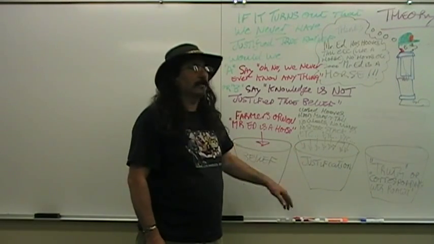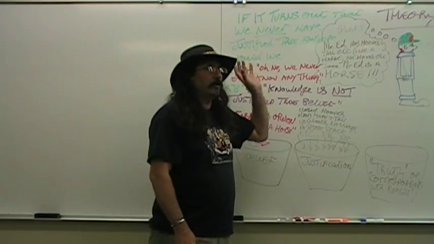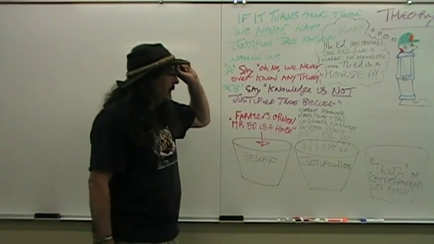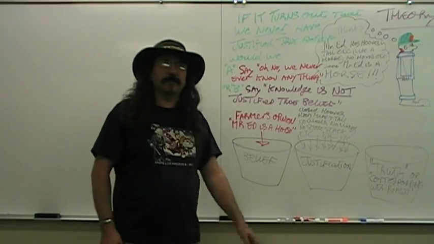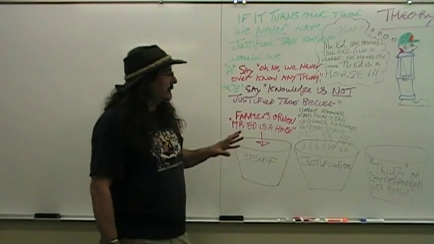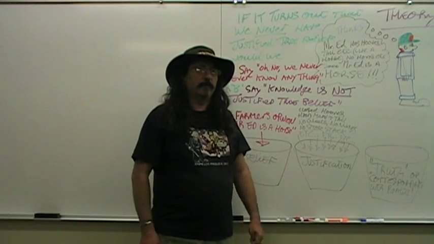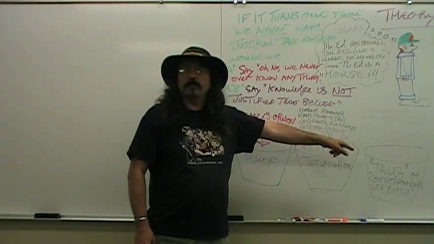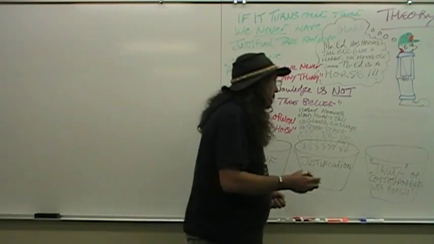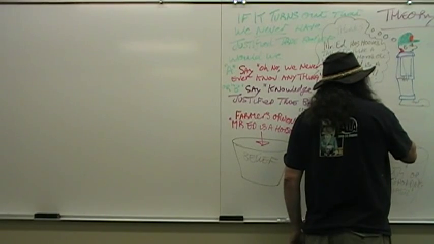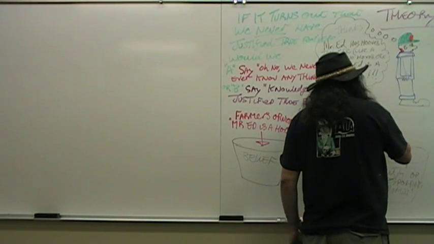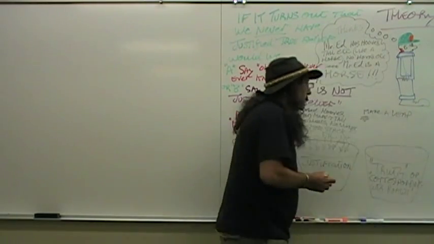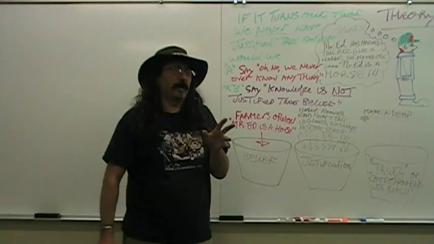And in point of fact, knowledge cannot possibly be justified true belief, because we can never really say whether something is true or not. We assume, we leap. What we do is we make a leap. Think about it this way.